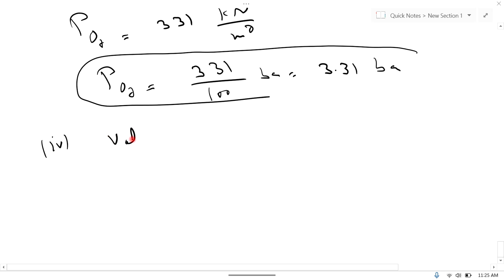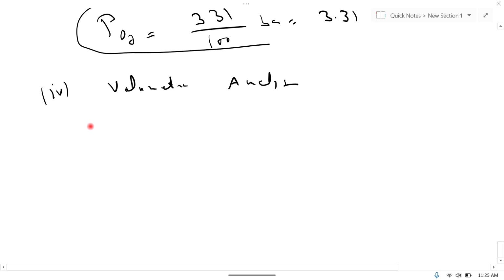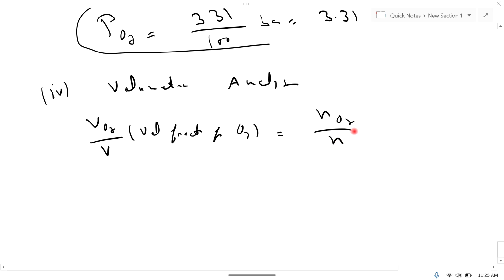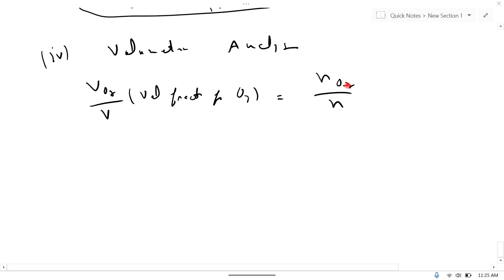So for volumetric analysis, basically the volume fraction of O2 means the volume of O2 divided by V. This is equal to the mole fraction of O2, nO2 divided by n. So nO2 is equal to 0.0437 kilomole divided by the total number of moles, 0.1091 kilomole.